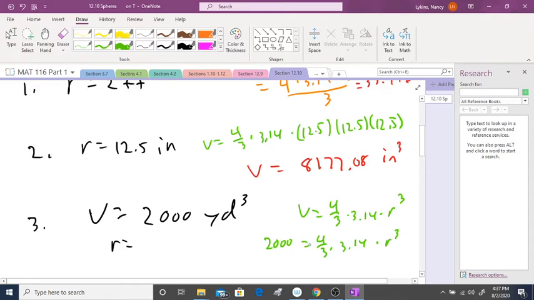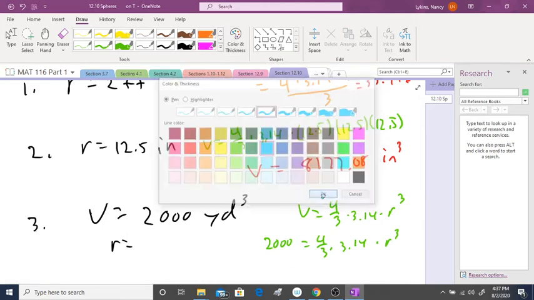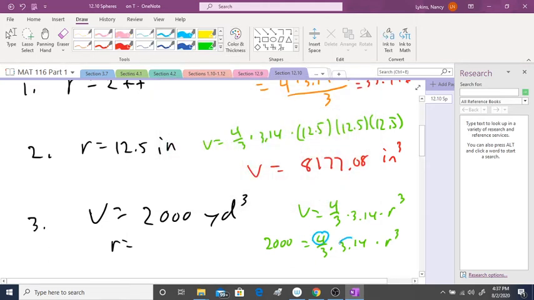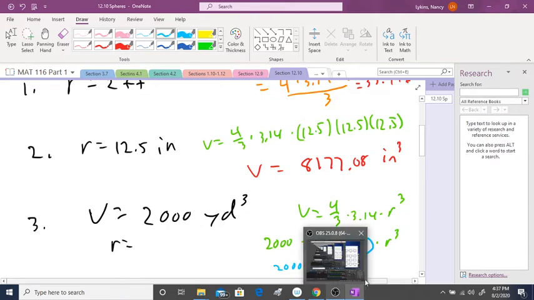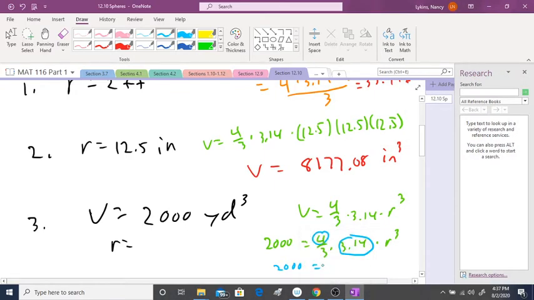Now what I'm going to do is I'm going to take 4 times 3.14, hit enter, divided by 3. And I get right at 4.19 r to the third.